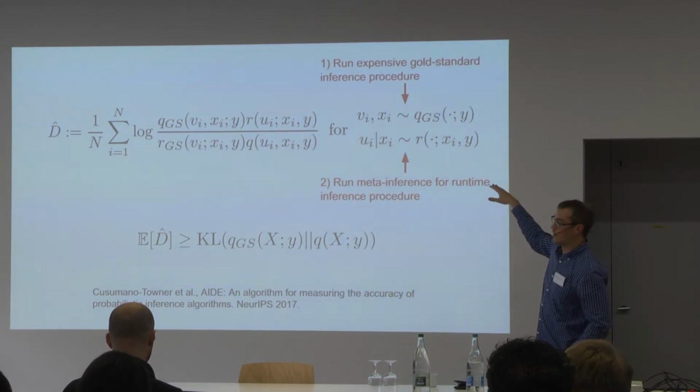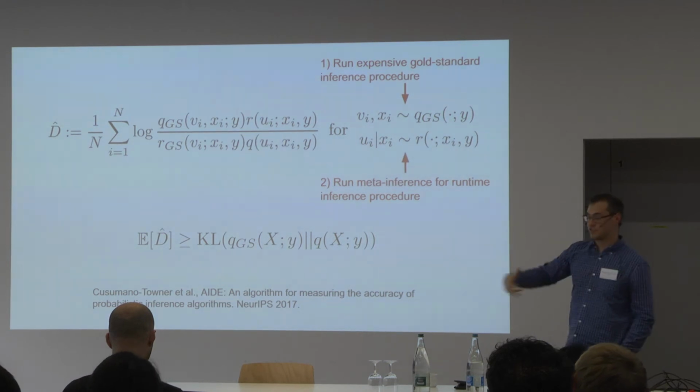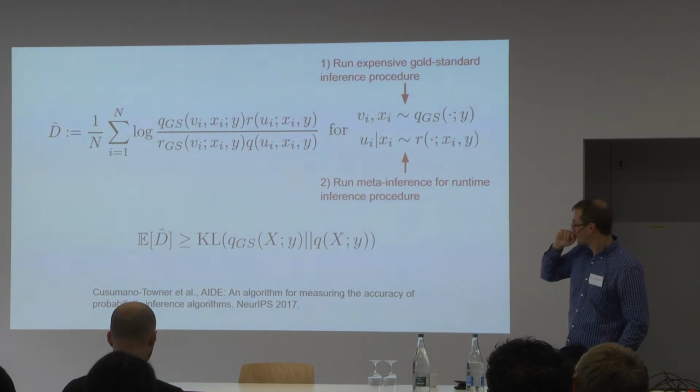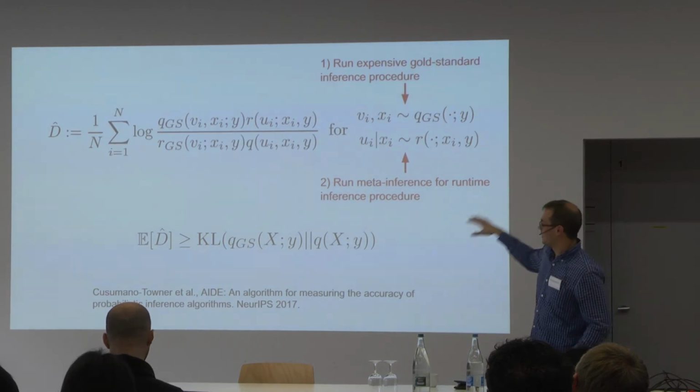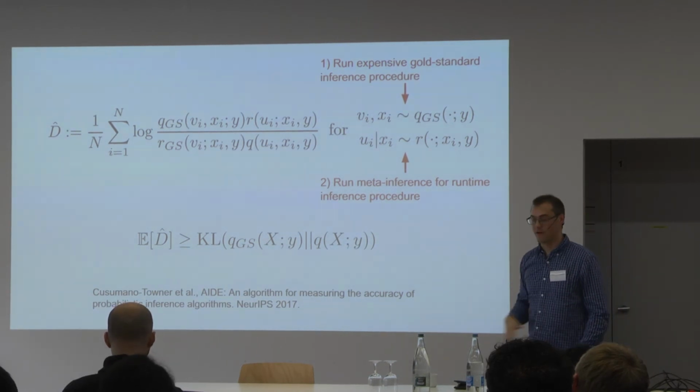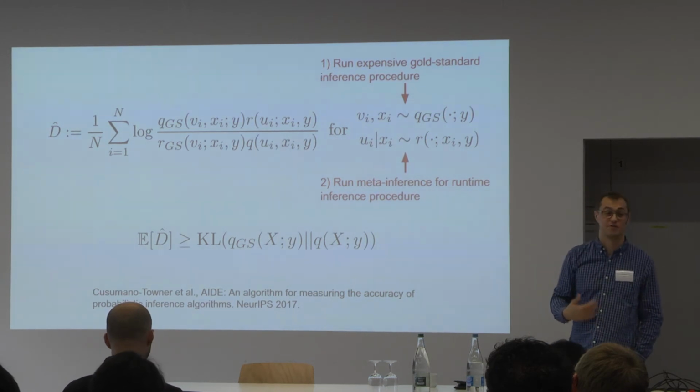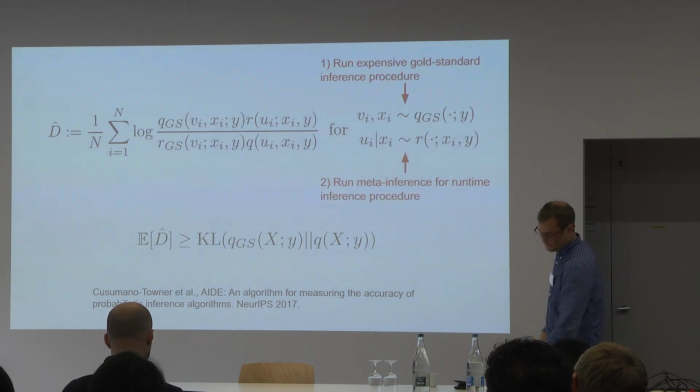That I'm denoting by R. So we're sampling an execution history of that algorithm from R. And you can show that if you do it this way, you are estimating an upper bound in expectation on the KL divergence that you originally wanted. The details of this are in this NeurIPS paper from 2017.